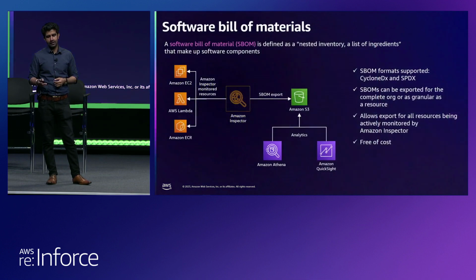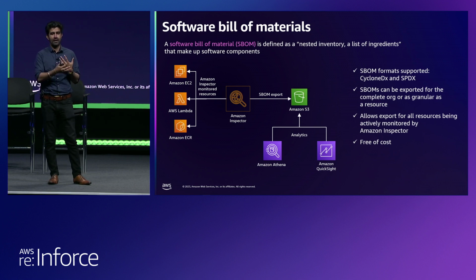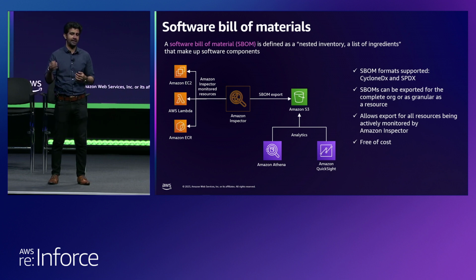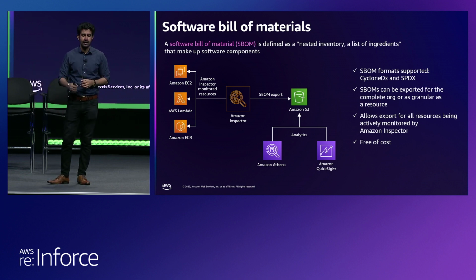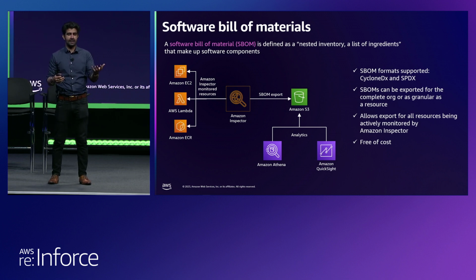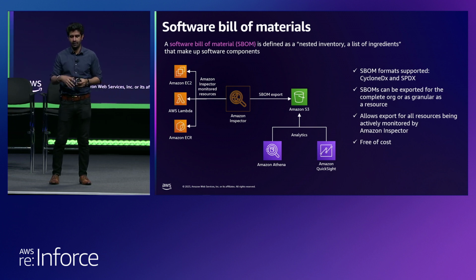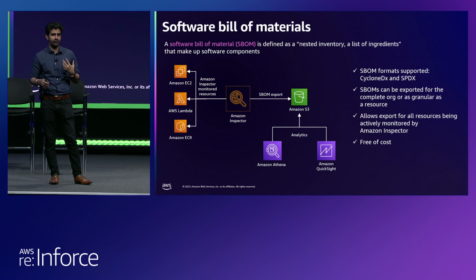So talking about software bill of materials first. Essentially, a software bill of materials is like a nested inventory of all your packages and applications that might be in your EC2 instance, container image, or a Lambda function. Now, Inspector, since we track all your inventory, we are exposing that inventory along with associated CVEs in SPDX and CycloneDX formats.